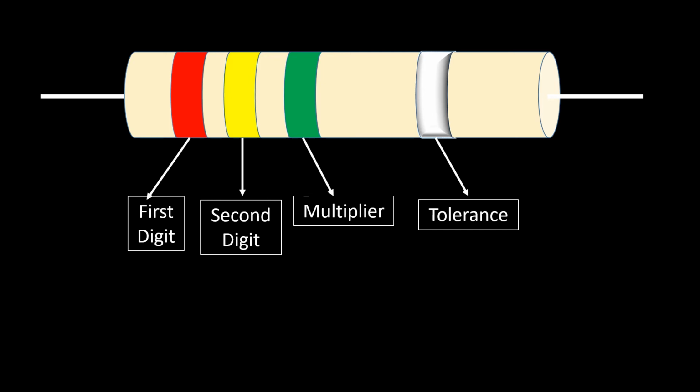B, B, R, O, Y, G, B, V, G, W. The first B stands for black, the second B is for brown, R for red, O for orange, Y for yellow, G for green, B for blue, V for violet, G for gray, W for white.